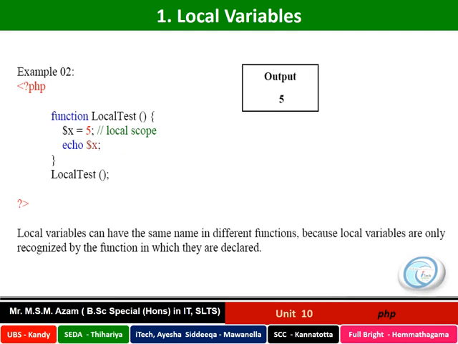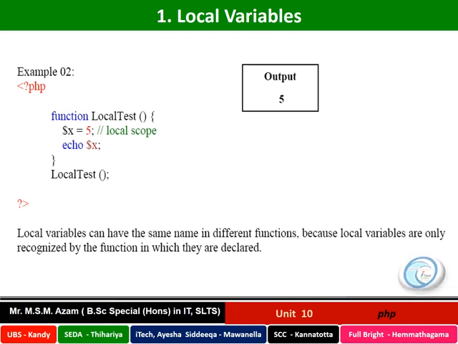Example number 2. I have declared a PHP function called localTest. Under that function, I am going to declare a variable named x and the value assigned to that variable equals 5. That variable has a local scope. The reason is that variable x is declared within the function localTest. After that, using the echo method, I am going to print the value of the variable x.